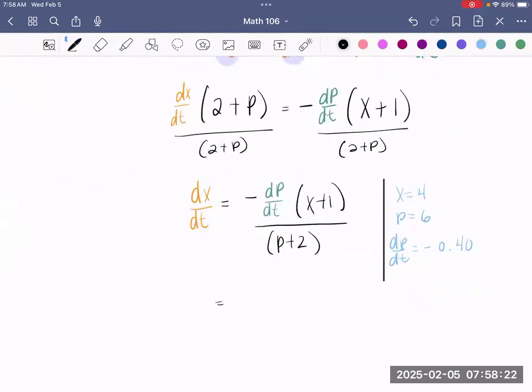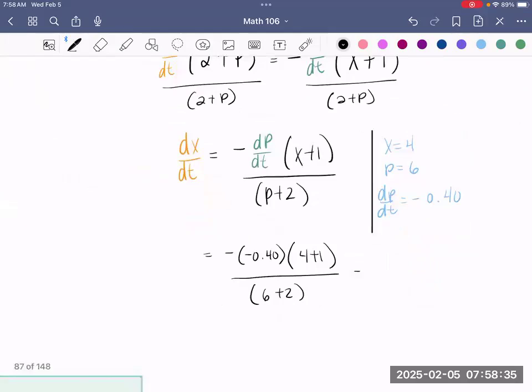So when we plug that all in, we should get negative, and this is a negative 0.40, times X is 4 plus 1 over 6 plus 2. So we should get 0.40 times 5 over 8. Now let's plug that into our calculators: 0.4 times 5 divided by 8. So we should get 0.25.